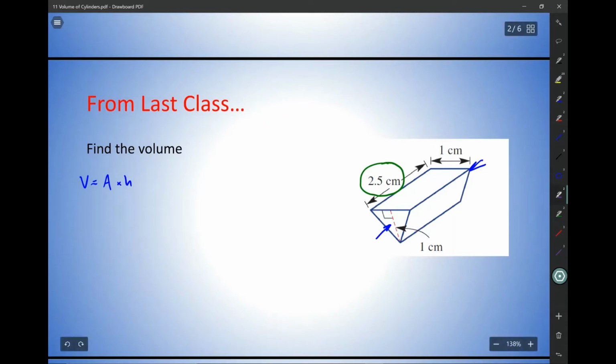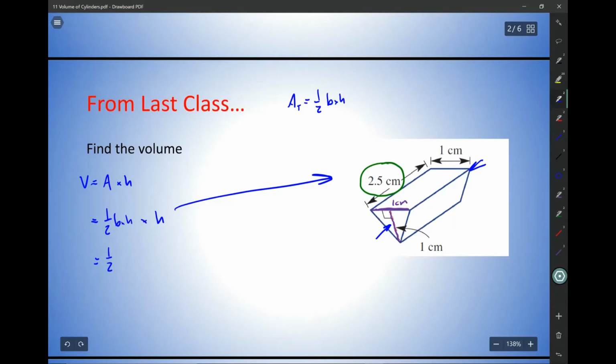So here we have a triangle with a base of 1 centimeter and a height of 1 centimeter. Remember, the area of a triangle is half base times height. So we're going to put that in here, half base times height times the different h.